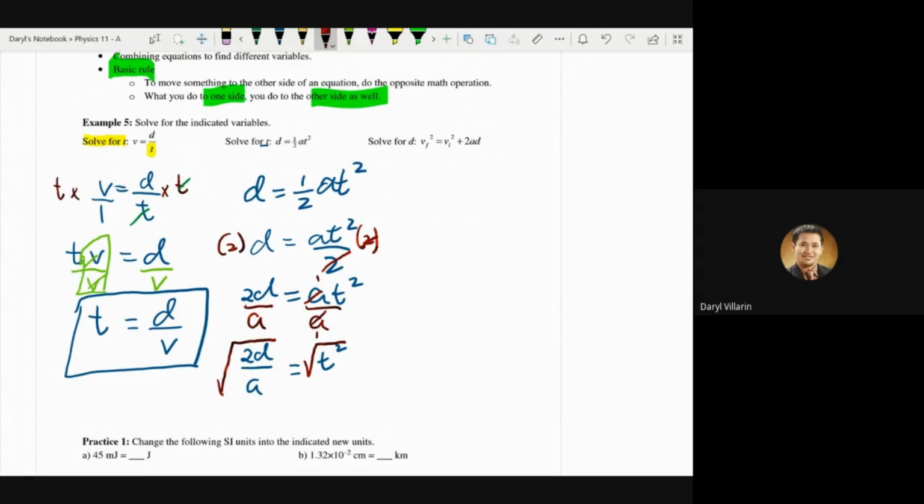Okay. So now I can have t is equal to the square root of 2d over a. Again, it doesn't matter if it is on the right-hand side or the left-hand side, as long as it is on one side of the equation.